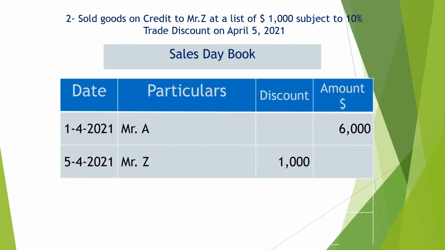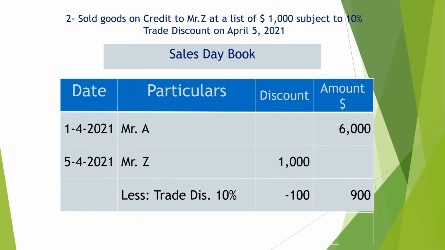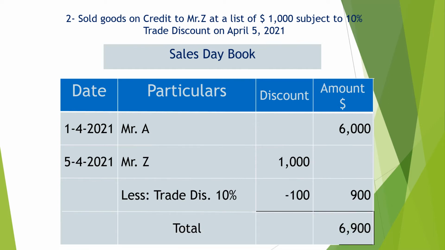Now, when there's a discount on list price, we will put the total amount in the discount column, and then we will deduct the trade discount, and the net amount will be put in the amount column. In the same way, the sales daybook will be summed up at the end of the month, assuming the April month total credit sale is $6,900.